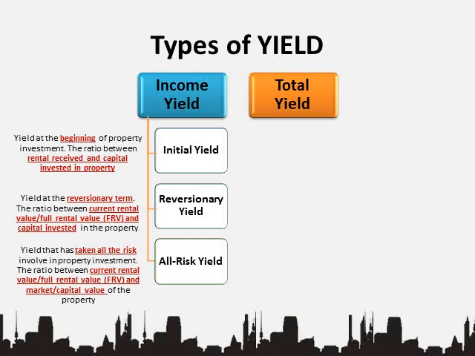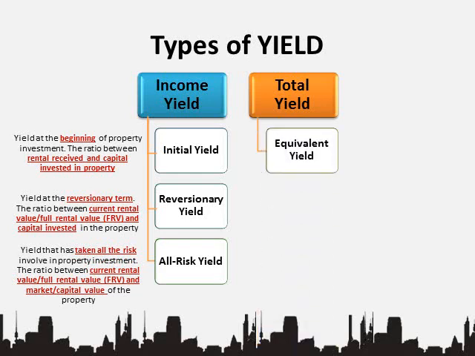To calculate it is quite different compared to initial yield and reversionary yield, whereby for all risk yield we take the full rental value and compare it with the capital value, which is the current market value. So that's the difference.